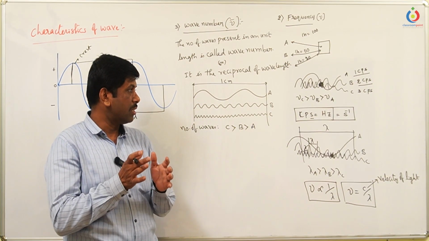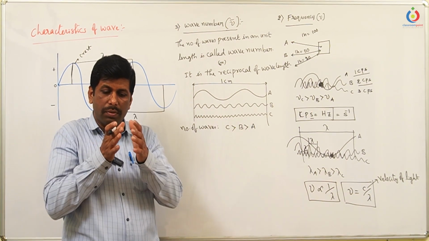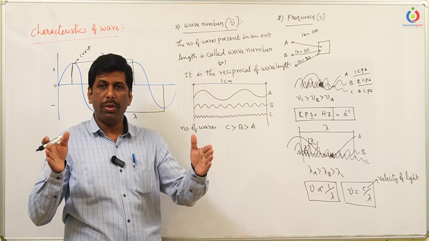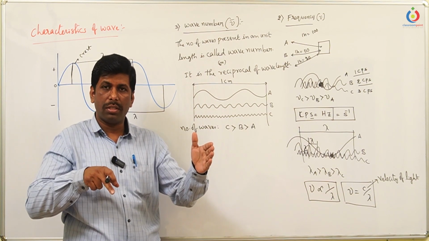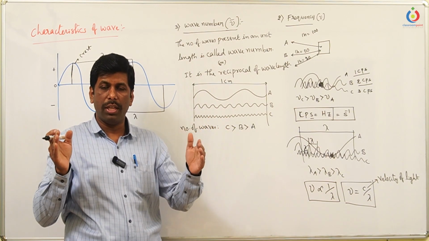Because in case of the A, the wave is completely stretched. Since the wave is completely stretched, fewer cycles are possible in the given unit length. That's why one crest, one trough, again one crest is over within this unit length only.